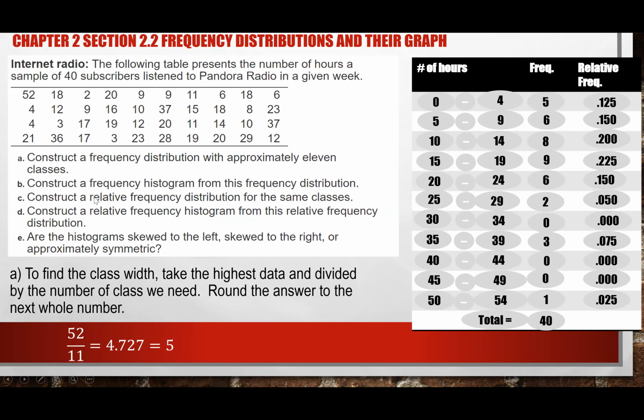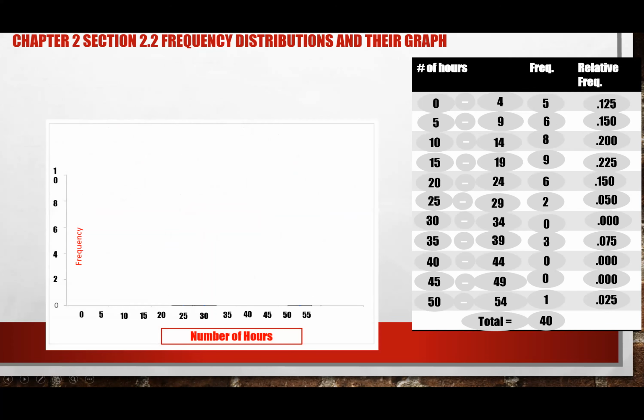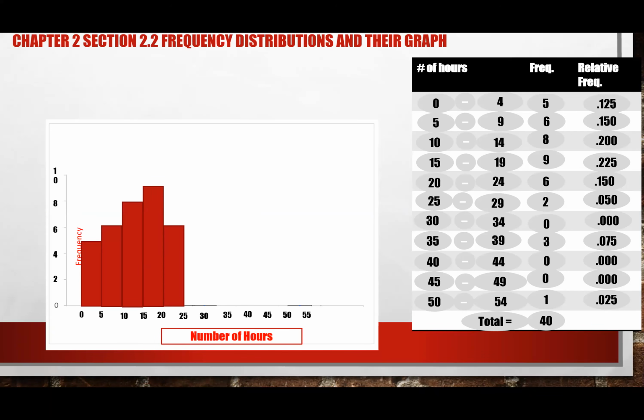The next two items are how we can construct a histogram. Reminder: in your histogram, your frequency will always be on your vertical axis, and your data will be on your horizontal axis, from 0 to 5, 5 to 10, and so on and so forth. From 0 to 5, I have 5 data, 5 to 10, I have 6 data, then 8 data, 9 data, and so on. This is my histogram.